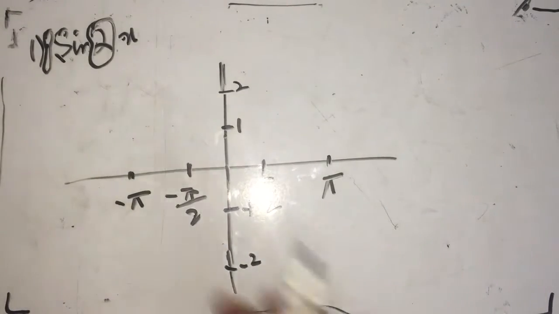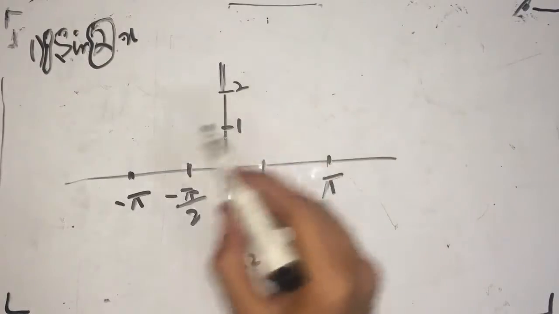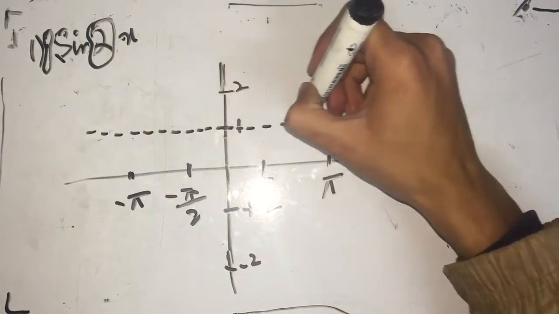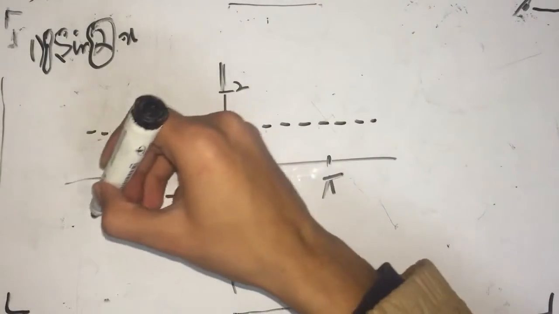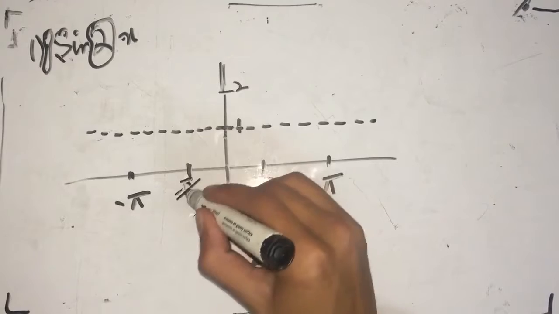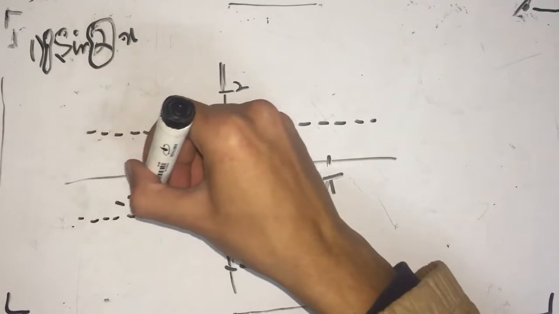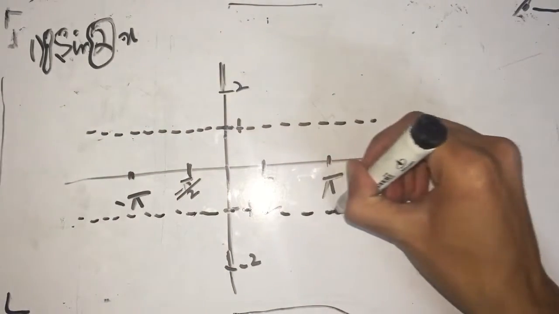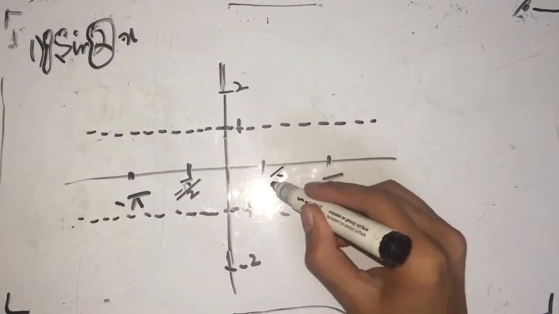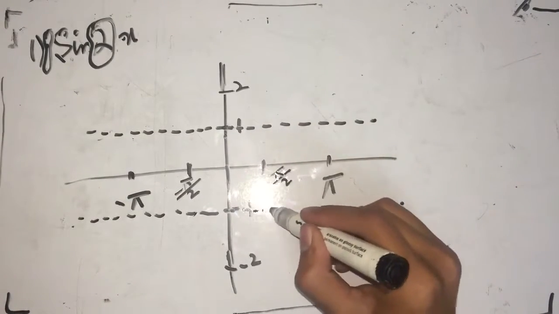So we have the amplitude that is 1. What we are going to do is draw an asymptote which intersects at positive 1 and at negative 1. I actually wrote them pretty big, so here.